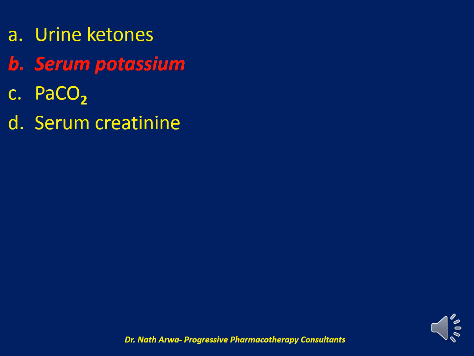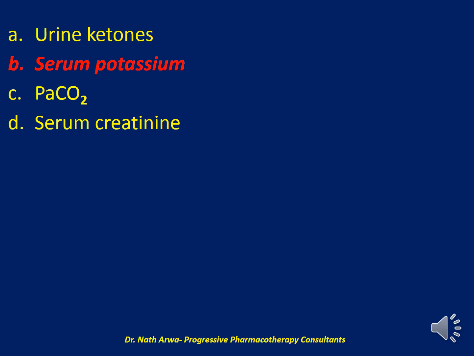Therefore, potassium concentrations in the serum must be monitored closely to avoid consequences such as, for example, QT prolongation and even torsades de pointes, which are more likely to occur with hypokalemia. I would like to emphasize that serum creatinine, urinary ketones, and even PaCO2 may be followed up, but they don't play a major role in the monitoring of this therapy.